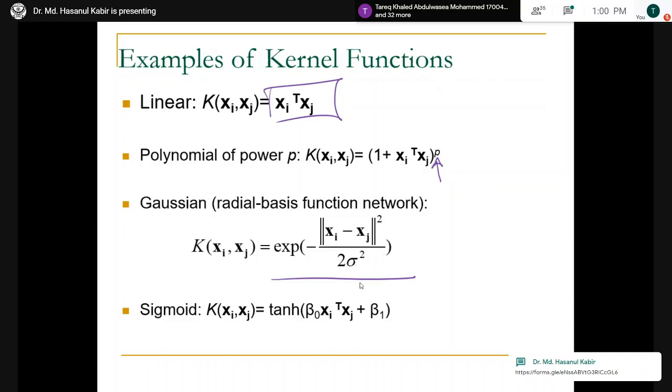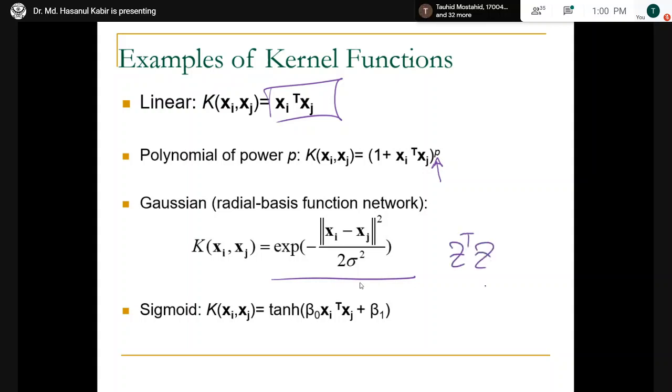This thing was very simple. Where did we start? If I move to the Z space, I have to compute Z transpose Z, where i and j are different, so it's a different Z. If I write it from the point of X, it will look like phi of x_i transpose phi of x_j.